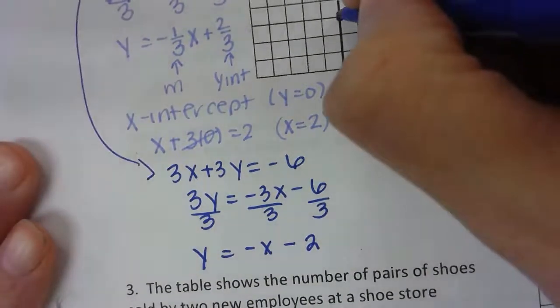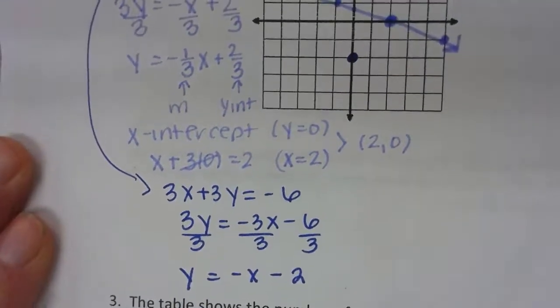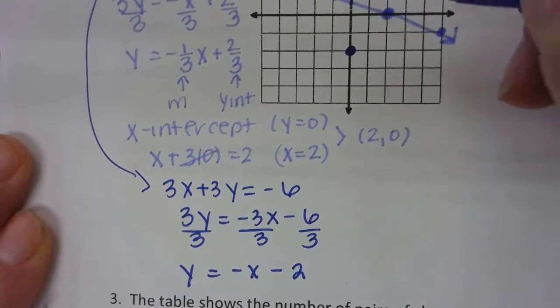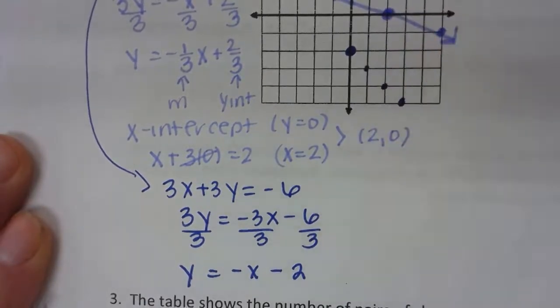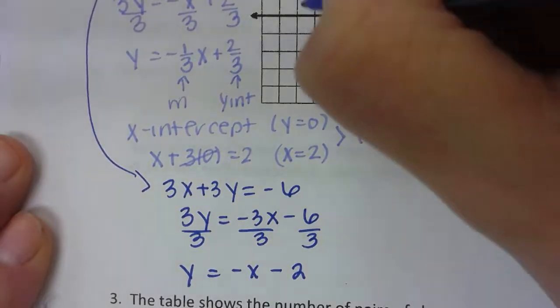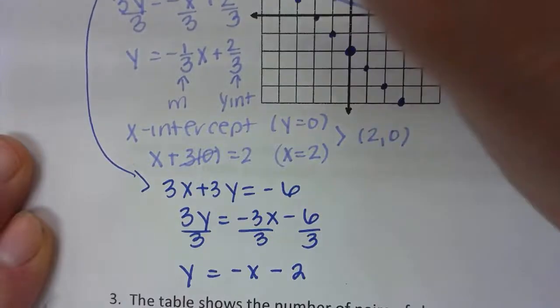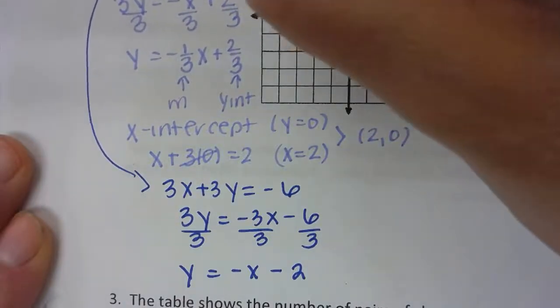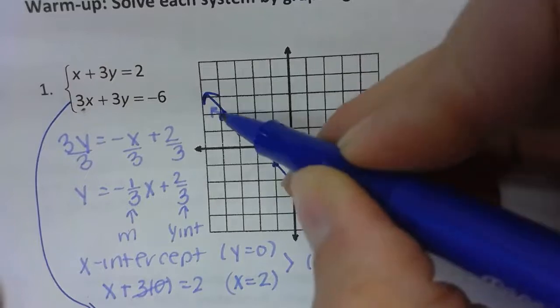So you start at negative 2 for your y-intercept because that is a nice whole number. My slope is negative 1, so I'm going to go down 1 and right 1. That doesn't cause my line to intersect, so I'm also going to go up 1 and right 1, which does allow me to see a point of intersection.